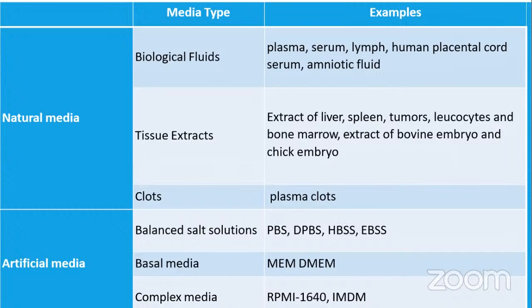All these are Eagle's balanced salt solutions, and we can get them commercially. Then basal media, MEM, DMEM, and complex media, that is RPMI 1640 and IMDM. All these are the different media which are available.